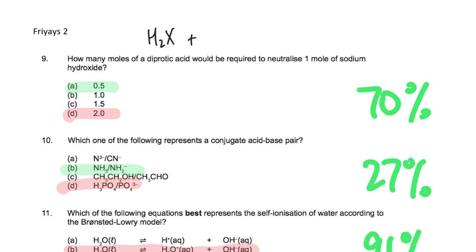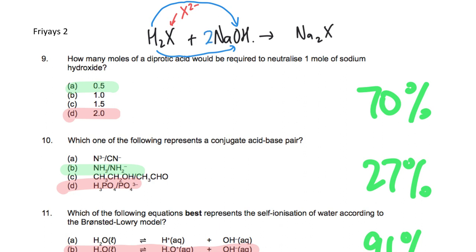If it gives 2 hydrogens to the sodium hydroxide, this X is very likely to be an X2 minus, and you're going to have Na2X. 2 of these protons are going to go to the OHs, which means you need 2 of them to react, and that will balance out the Na2X with the X2 minus.